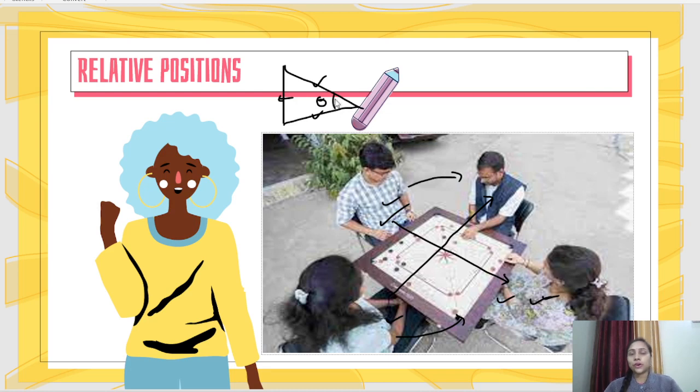All the trigonometric ratios we are going to discuss are related to the sides. That's why I'm explaining here which one is opposite and which one is adjacent. So let's come to our topic.